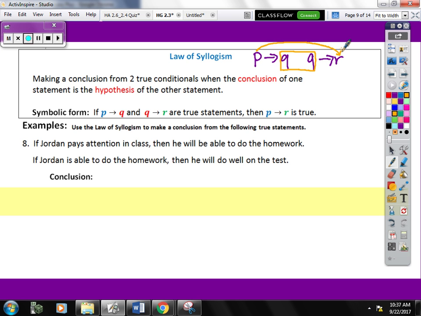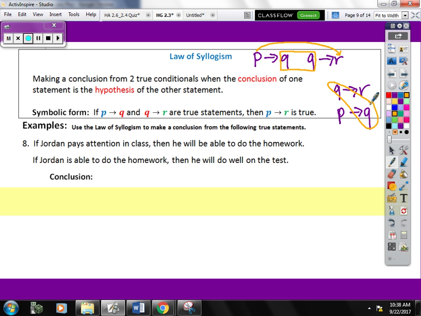Now the only thing that makes this hard is that sometimes they don't put them in order. Like if P then Q, if Q then R, then P then R. Sometimes you'll see this: Q then R, and P then Q. And people will be like, oh, I can't do it. I don't see that common link because it says R and P. But you do have to look backwards.